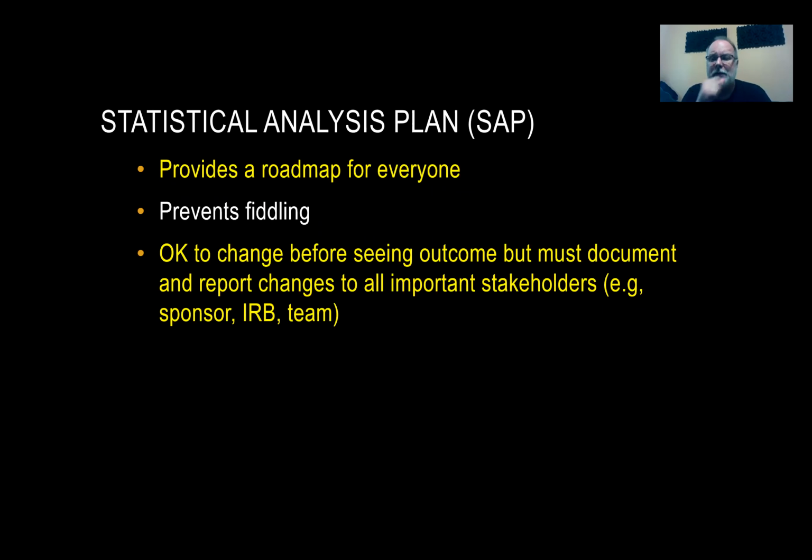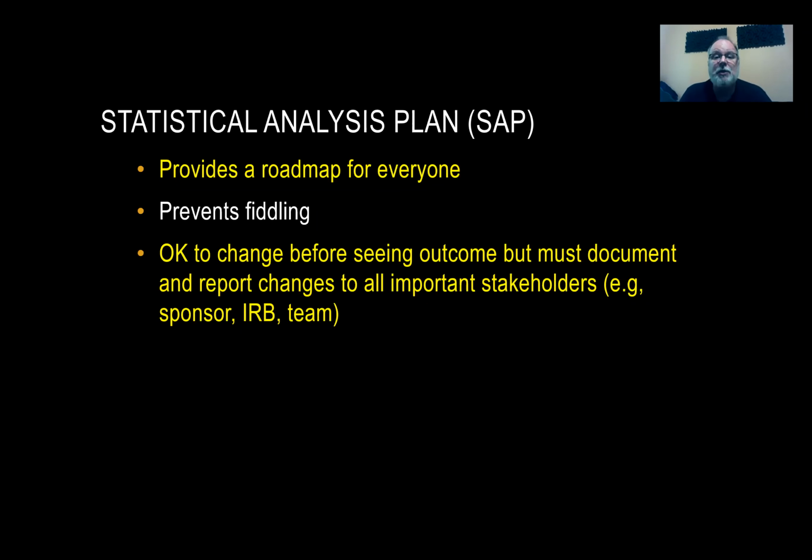And I will say that when you go to a good journal now, one of the first things they do is look at your paper, and then they'll go to your SAP that you filed, your protocol that you filed with the sponsor, and they'll see how well it maps. And if it doesn't map, they may say, oh yeah, sorry, you didn't do what you said you were going to do.